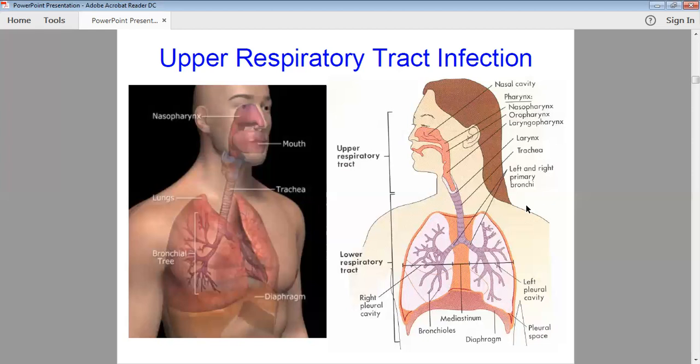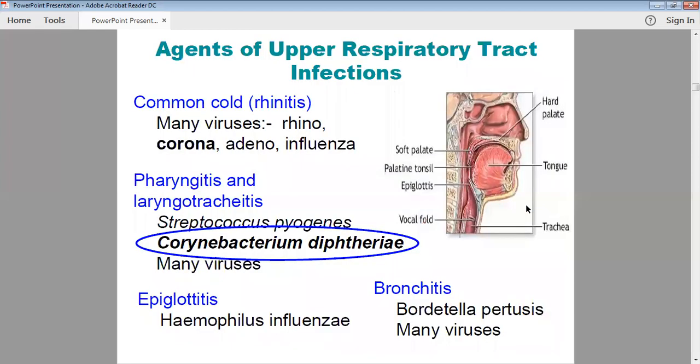I'm not going into detail on each and every one because our topic today is diphtheria. So you should know what the upper respiratory infections are and what the different types of infection are. Common cold may be caused by viruses like corona, COVID-19, adeno, influenza, and mostly rhinoviruses. Running nose: sinusitis is associated with the common cold. Pharyngitis and laryngotracheitis.